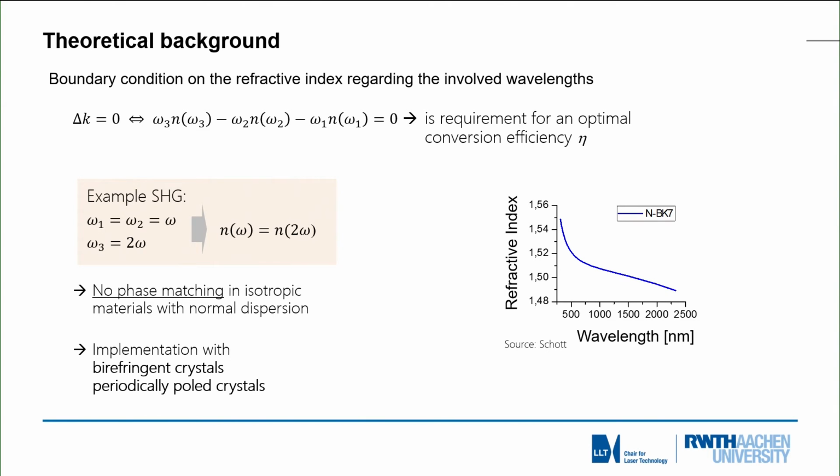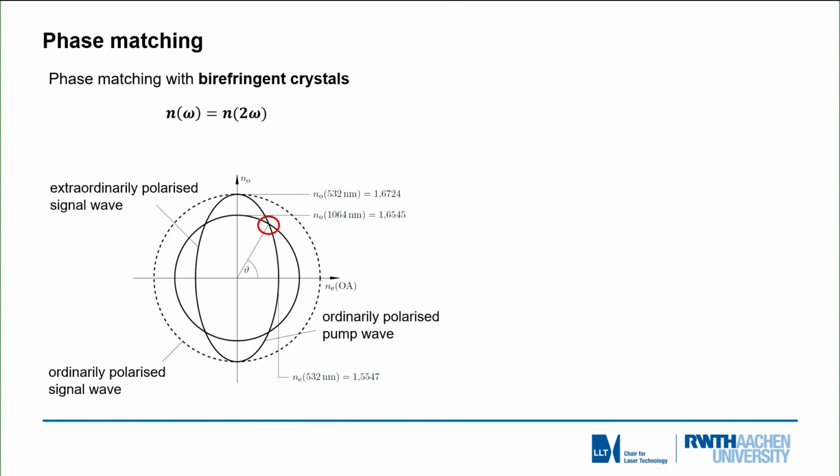One of the most used and most elegant tricks is that we use birefringent crystals. We have crystals which, depending on the axis of orientation, behave with different indices of refraction. An alternative, which I will come to later, would be periodically poled crystals. Now, first, birefringent crystals.